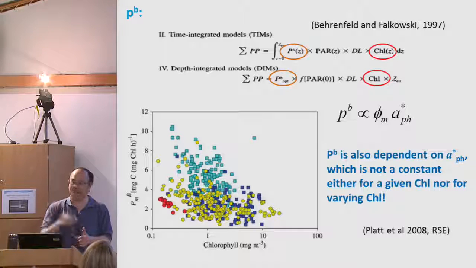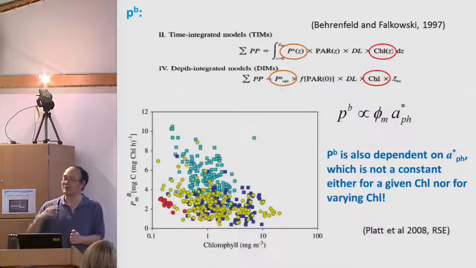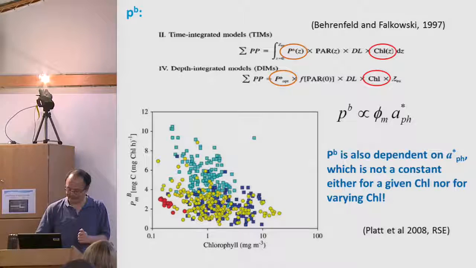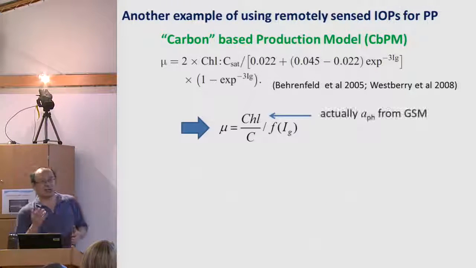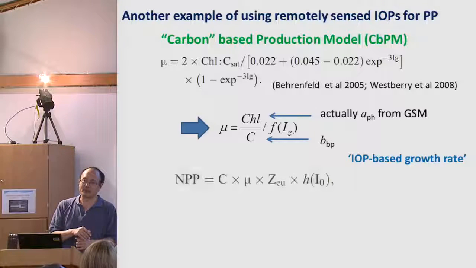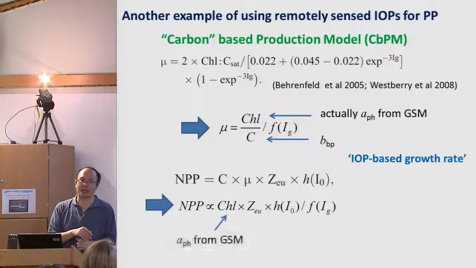Maybe in the future, with a laser or a different source, we may have better information, but at this point, from passive remote sensing, we just don't have a good handle on this. If we don't have a good handle on this, let's better avoid it. Okay, that's about the traditional chlorophyll-based primary production estimation.